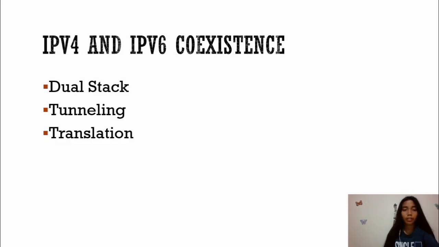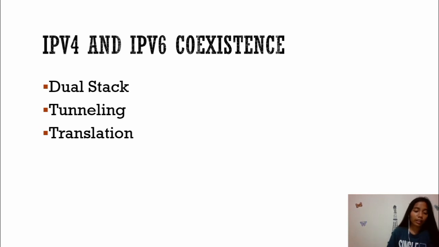Let's proceed to the next one. We have dual stack, tunneling, and translation. This is for IPv4 and IPv6 coexistence. For dual stack, devices run both IPv4 and IPv6 protocol stacks simultaneously.